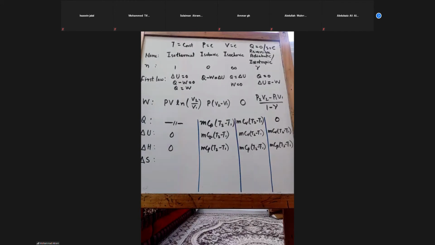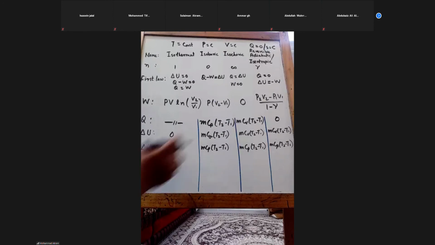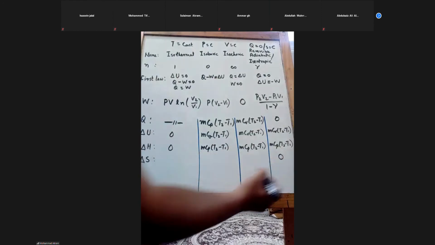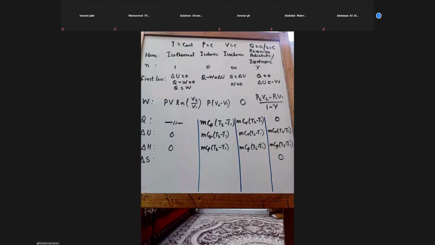Why 0? No change in the temperature. This last is 0. Adiabatic or isentropic process means entropy is constant, right? Change in entropy is 0. See, you are correct, but you are half correct.